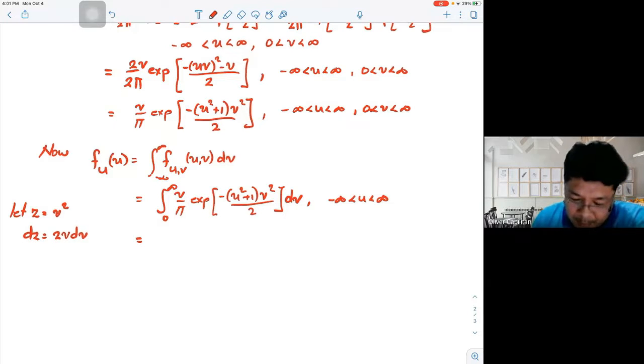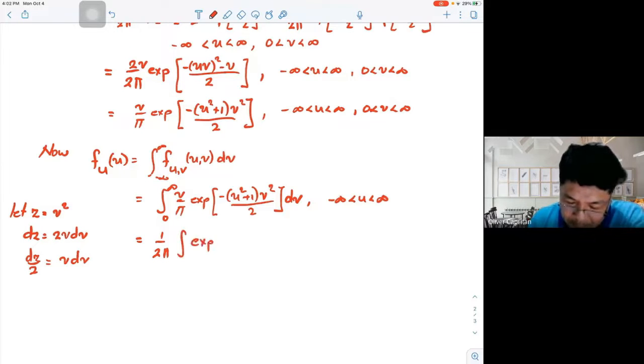So meron tayong v dv dyan, so dz over 2. Hence, we can have now 1 over 2 pi, the exponential function of negative quantity u square plus 1.